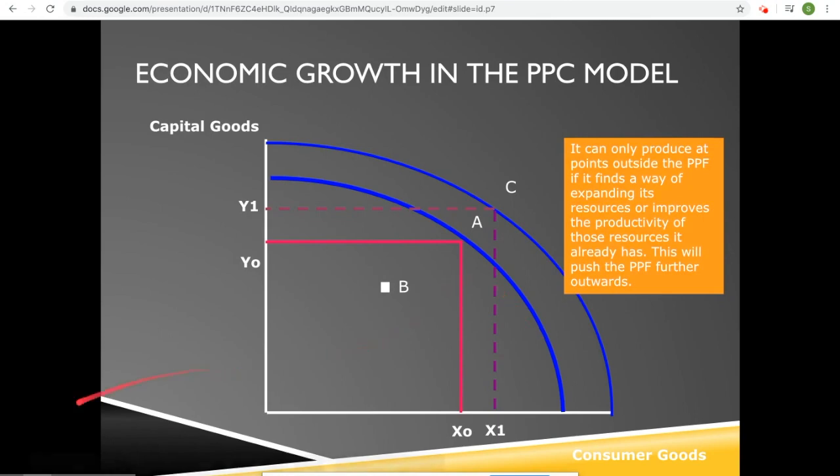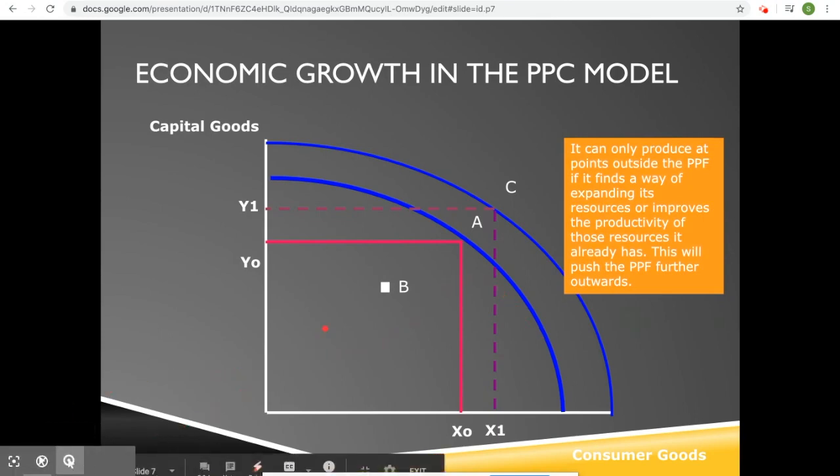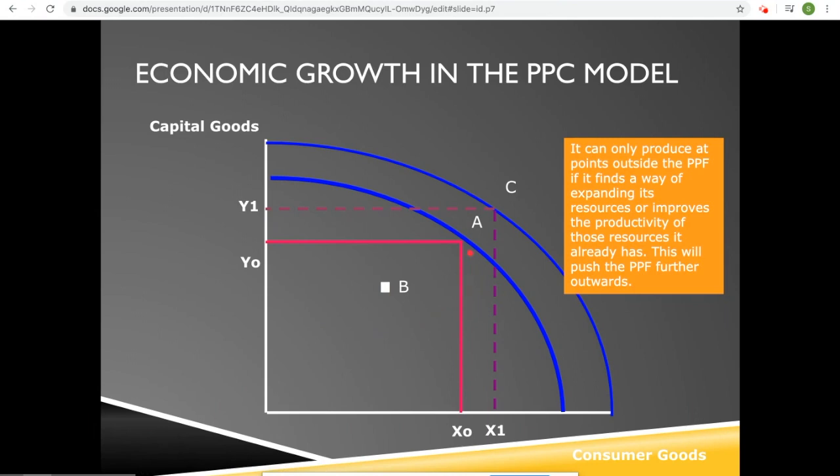Now, if we look at this particular slide over here, we can see that the particular economy has used its resources more efficiently, or has improved the quantity of the resources. Now, this could be more educated labor, for instance. It could be improved physical capital because they have better technology, or there's some great technological change.